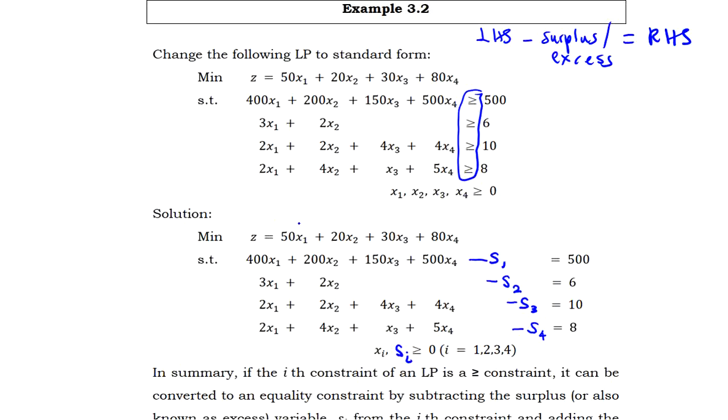For the objective function, actually we have surplus variables in here, but the coefficients are all zeros. So 0 s1 plus 0 s2 plus 0 s3 plus 0 s4.